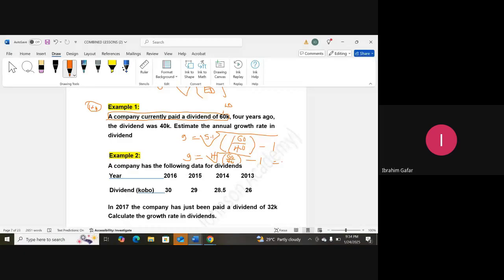So if that is what we get, then no issue. Let me look for a calculator, if I can see one.